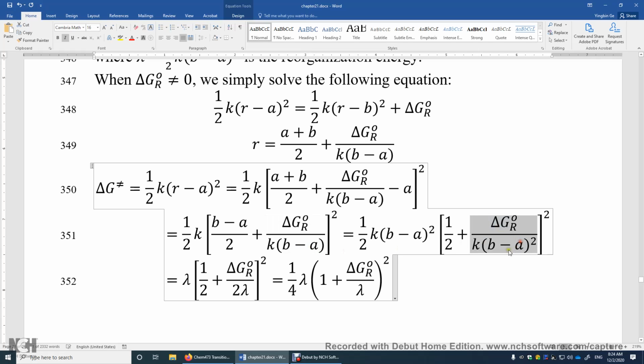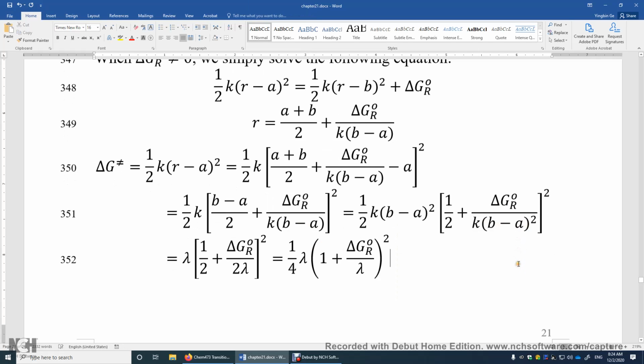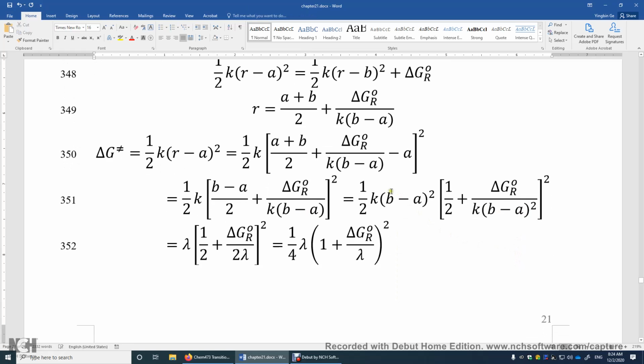So that's why you have b minus a squared. We're almost done. This is lambda, the reorganization energy. If you go from the distance in the reactant to the distance in the product, the displacement is b minus a, and then you use Hooke's law, you get half k times b minus a squared. This is the so-called reorganization energy. All right, so that's lambda.